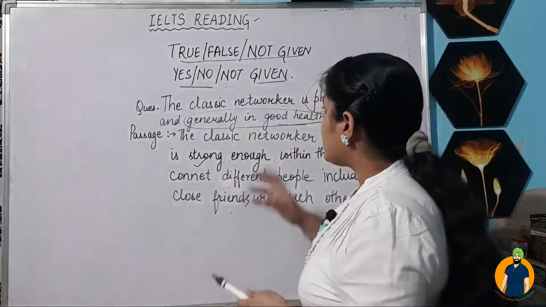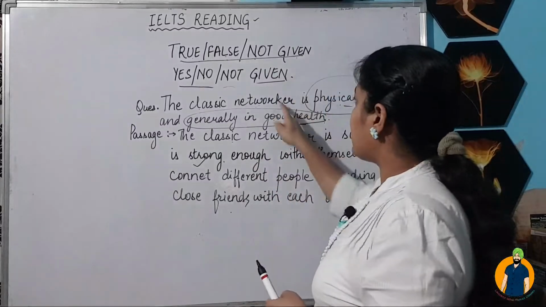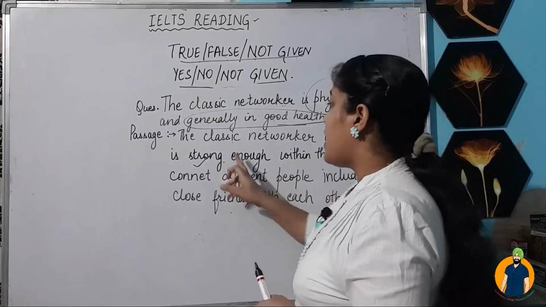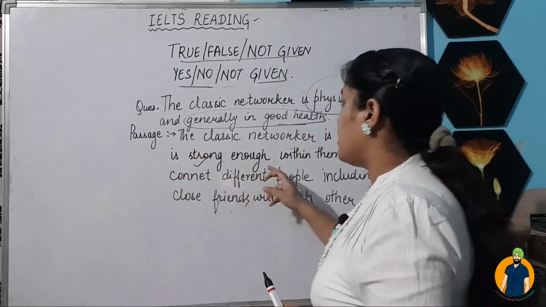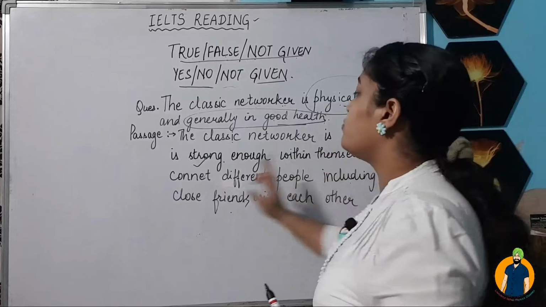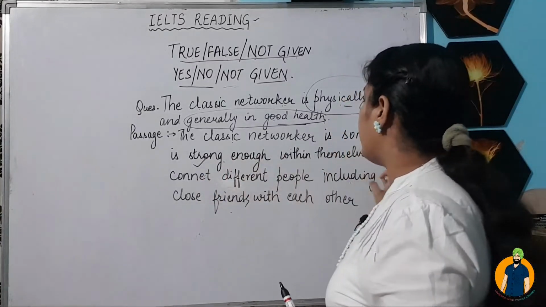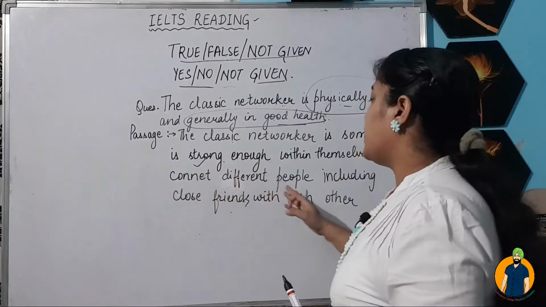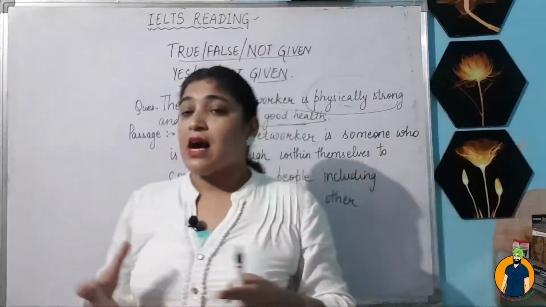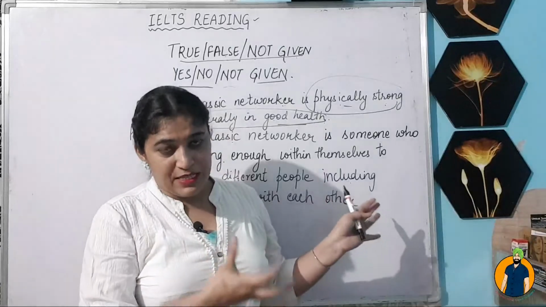Now some of the candidates may write Yes. Why? Because they may say that the classic networker is strong. It is given in the question, and in the passage it is written that the classic networker is someone who is strong enough within themselves to connect different people, including close friends, with each other. What does it mean?